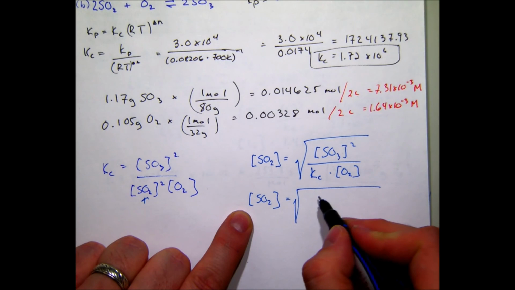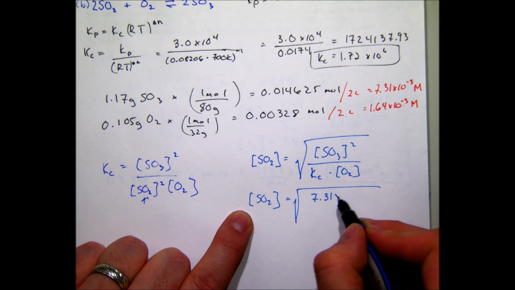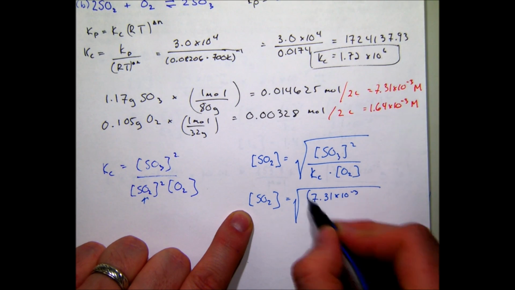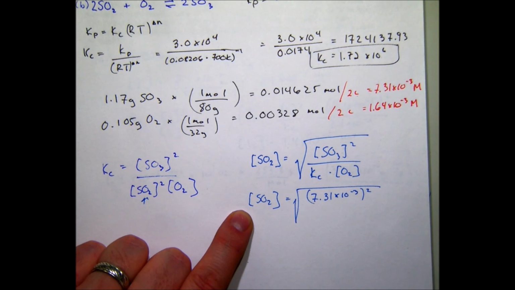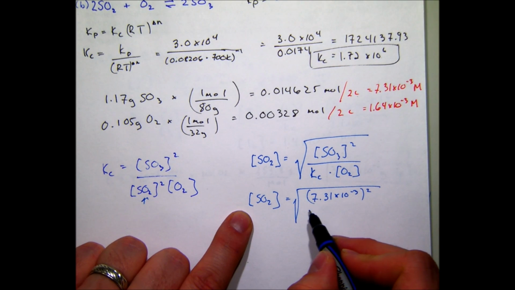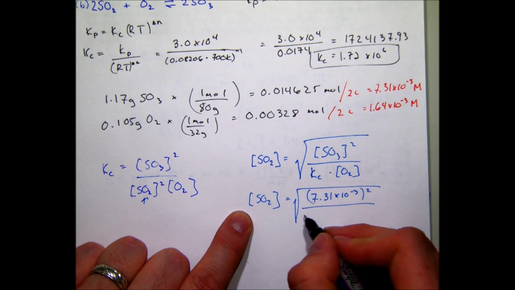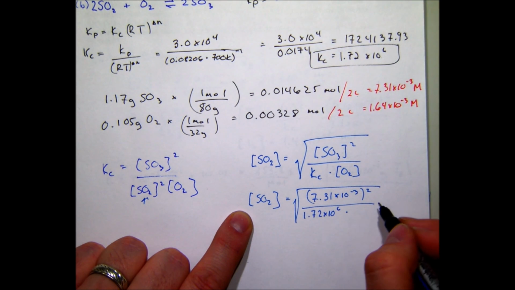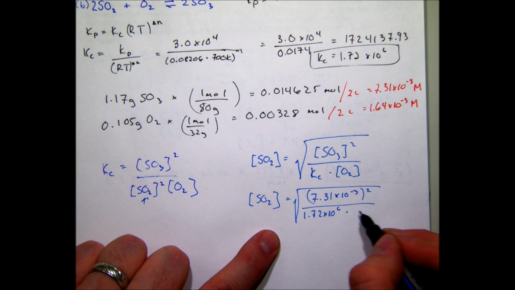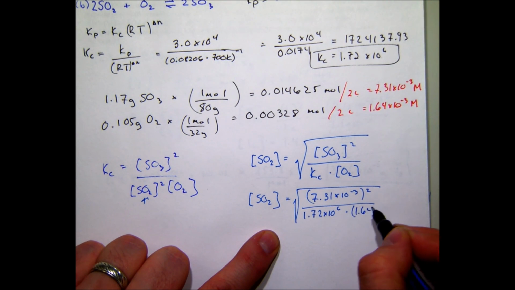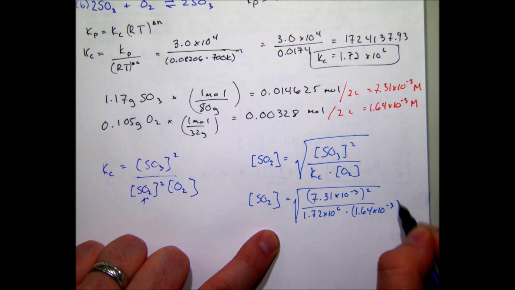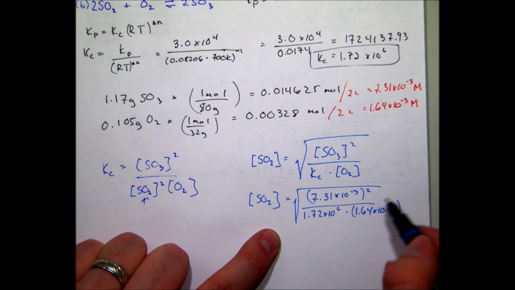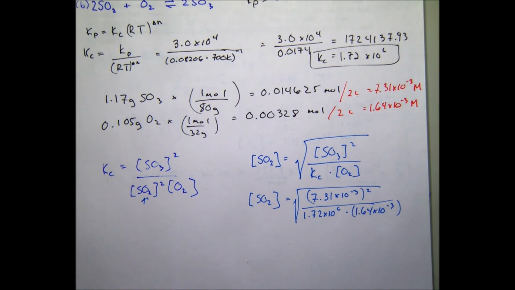So SO3 is 7.31 times 10 to the negative 3 moles per liter. We're going to square that. And we have the concentration of oxygen listed there.